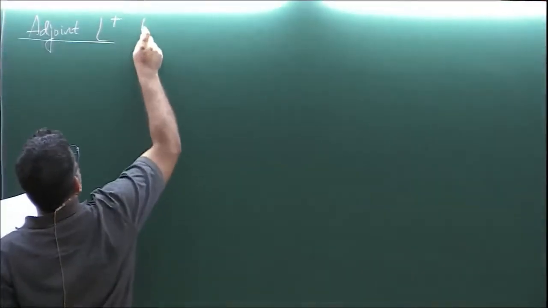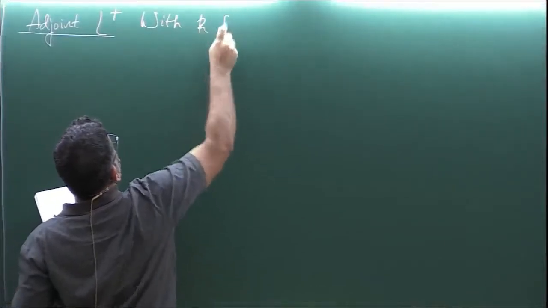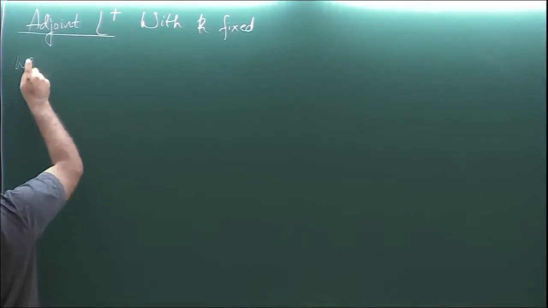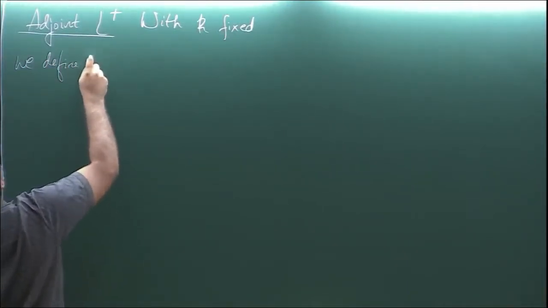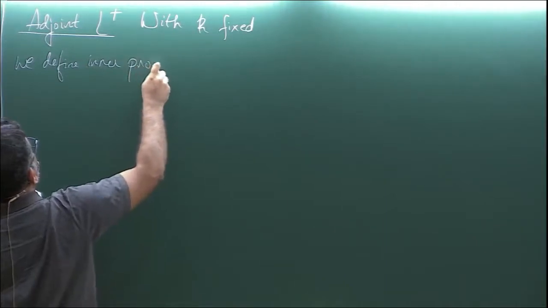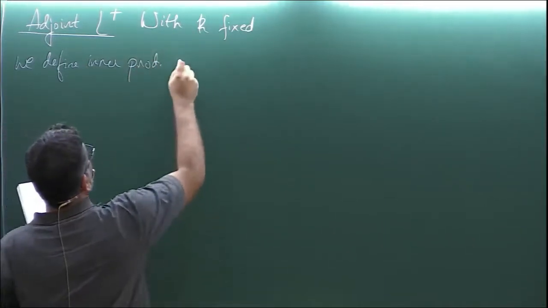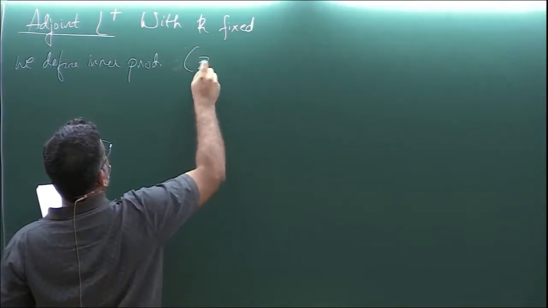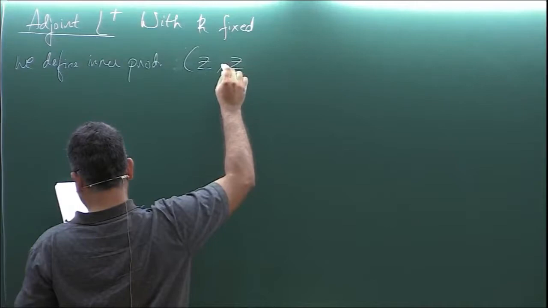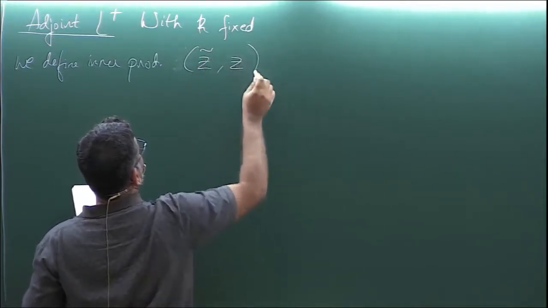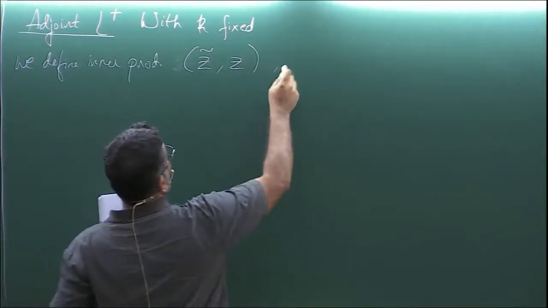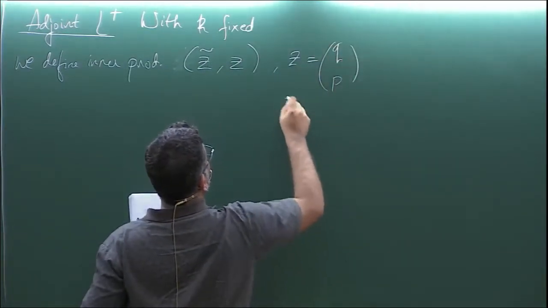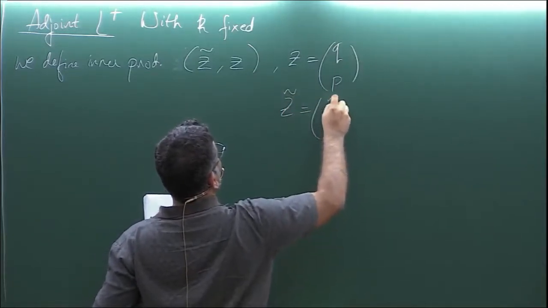So with k fixed, we define an inner product, let's say z tilde, z, where z is q, p, z tilde is q tilde, p tilde.